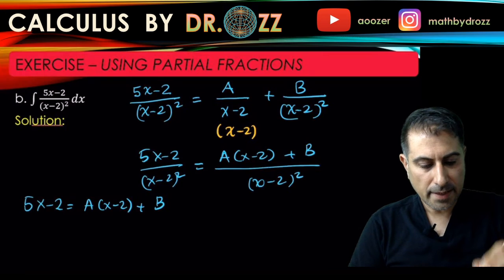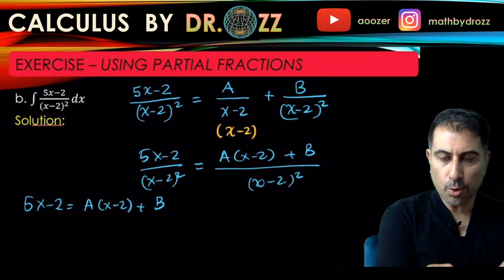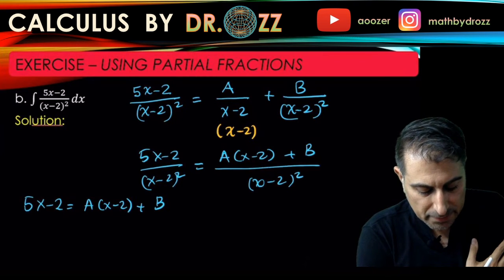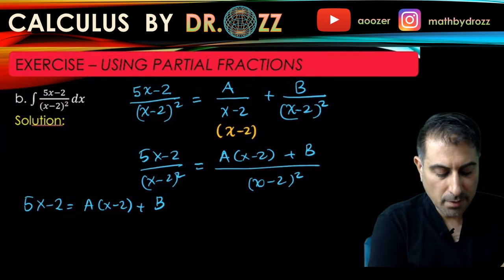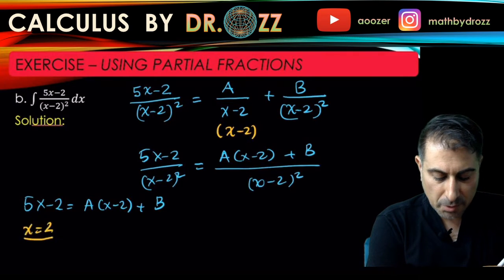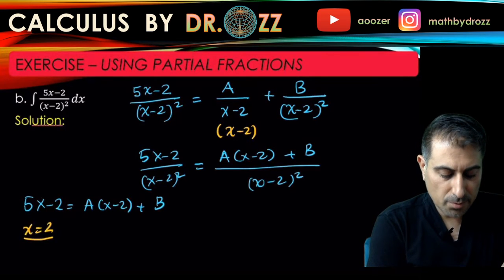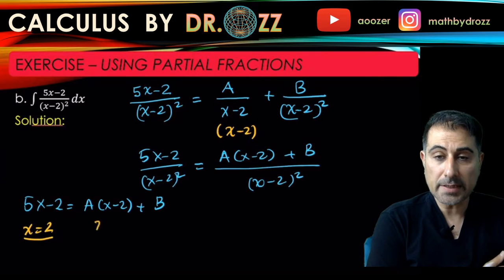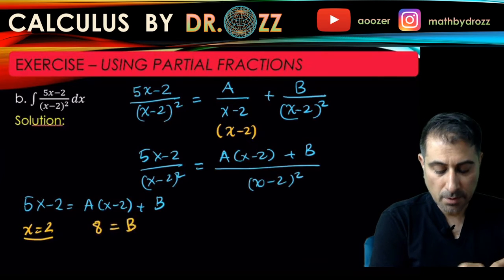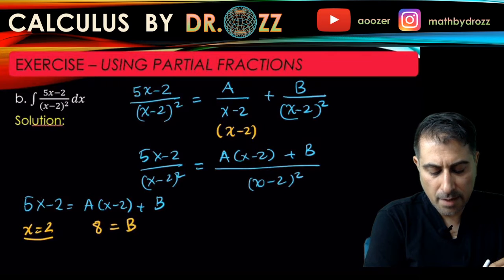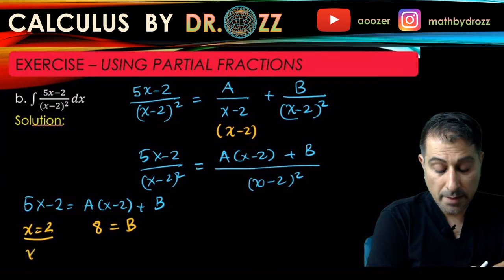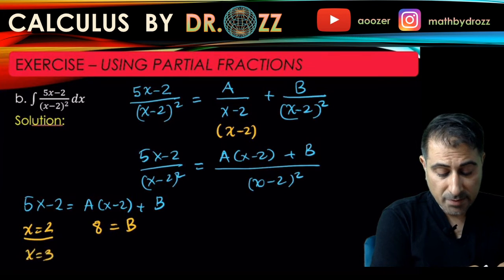All right, let's have sample values for x. So why don't we go with x equals 2 to start with. So 5 times 2 equals 10 minus 2 is 8. So B is 8 because the A term is gone once you plug in 2. And I'm going to just choose any number as a sample x.